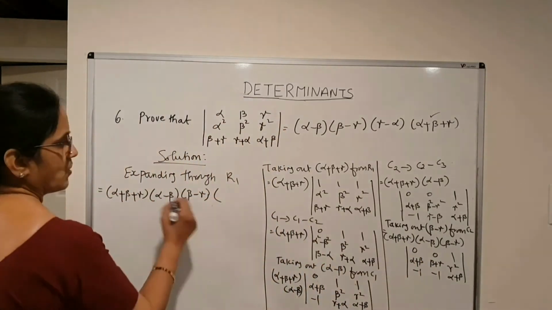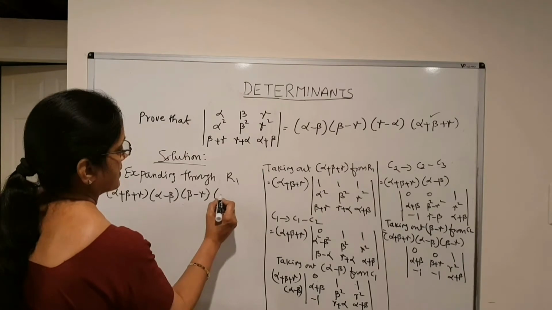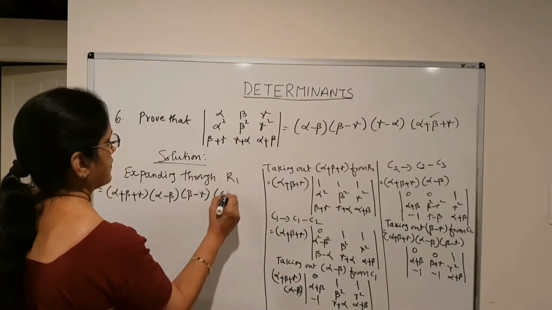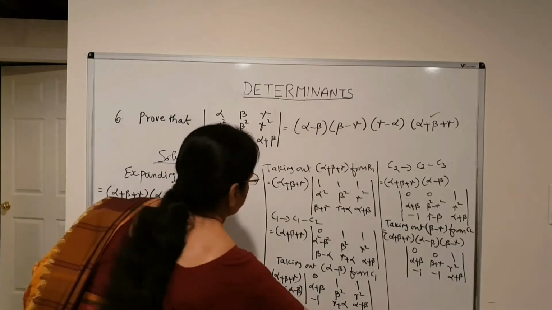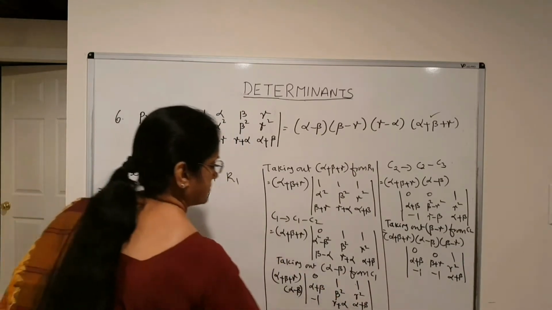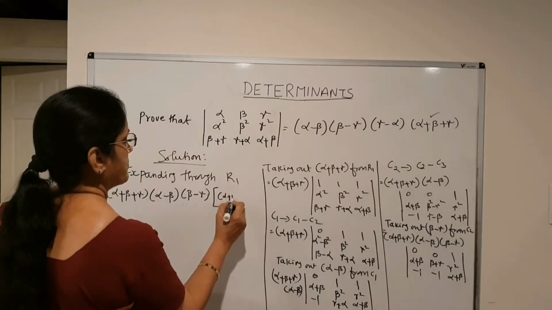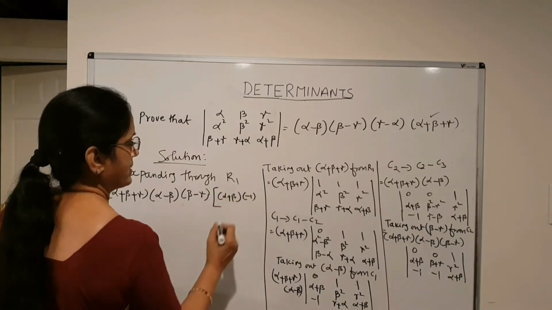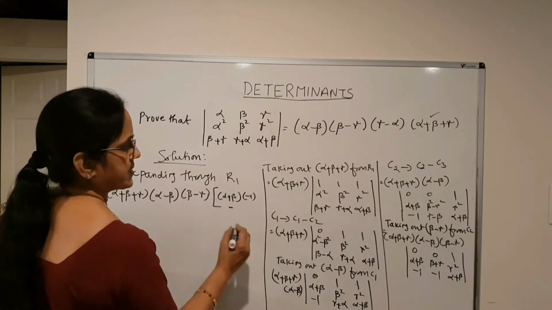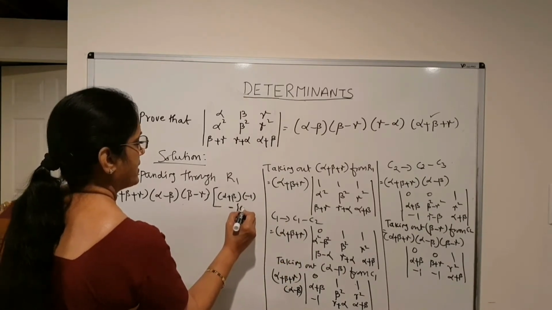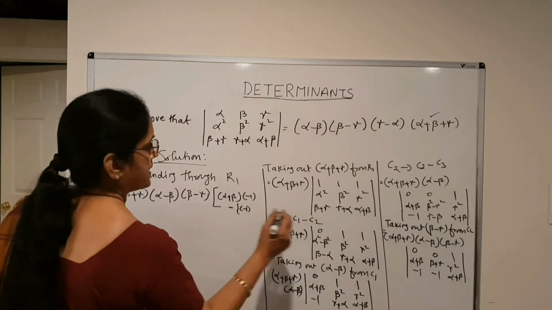So what do you get? 1 into alpha plus beta into minus 1, minus of minus 1 into beta plus gamma.